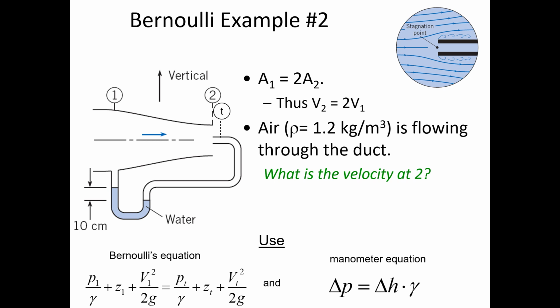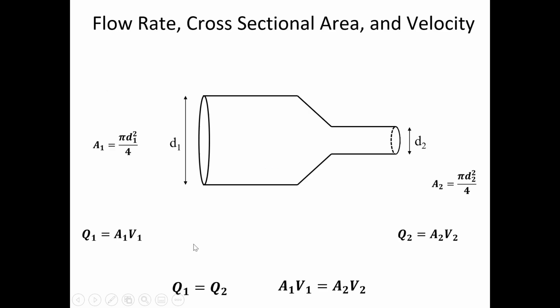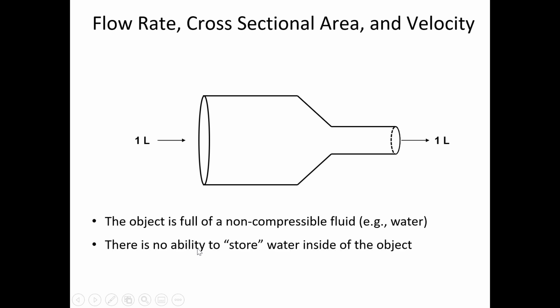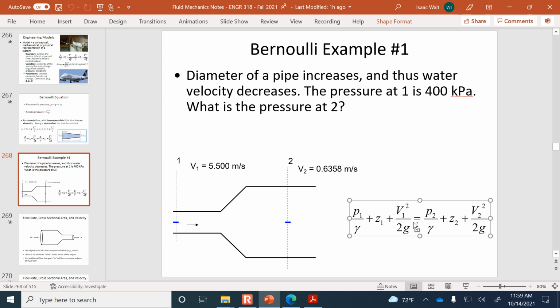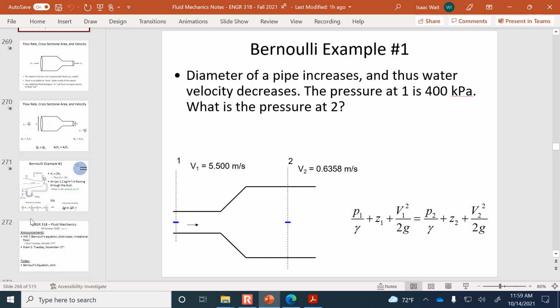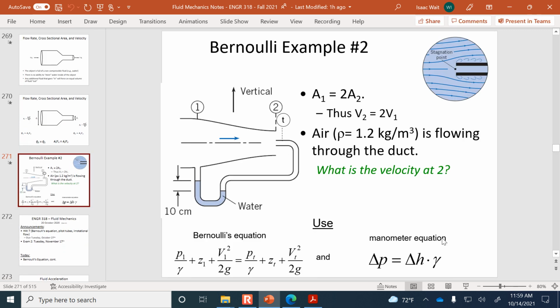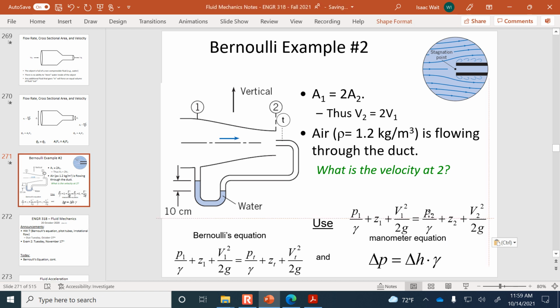P1 divided by gamma plus Z1 plus V1 squared divided by 2G. Here is Bernoulli's equation. On the right-hand side it says 2, right? Let me just paste this in real quick so we can look at it.